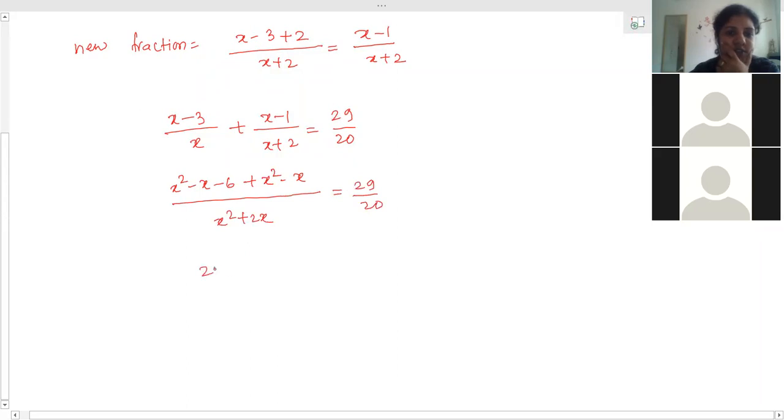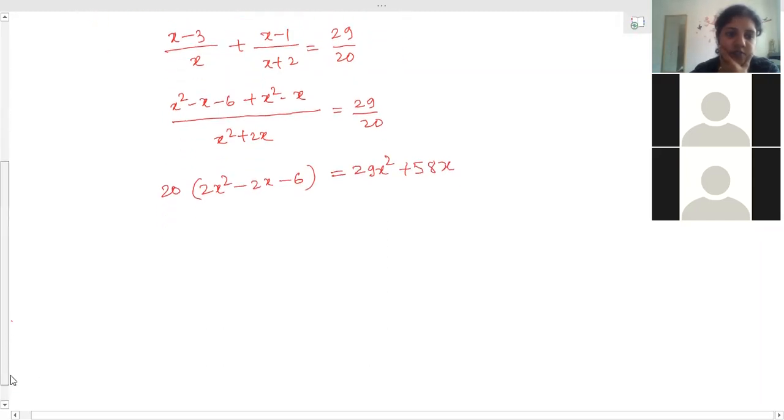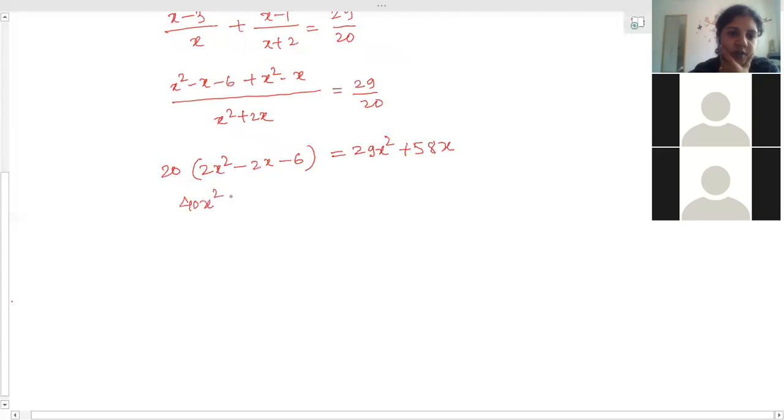So here 2x square minus 2x minus 6 into 20 is equal to 29x square plus 58x. So this will be 40x square minus 40x minus 120 is equal to 29x square plus 58x. So 29 will come this side: 11x square minus 40x minus 58x, that is minus 98x minus 120 is equal to 0.